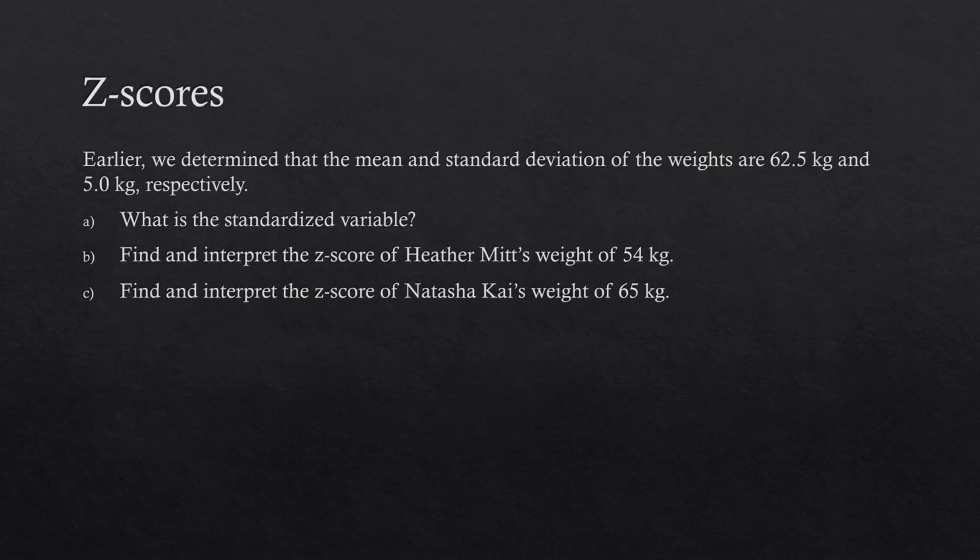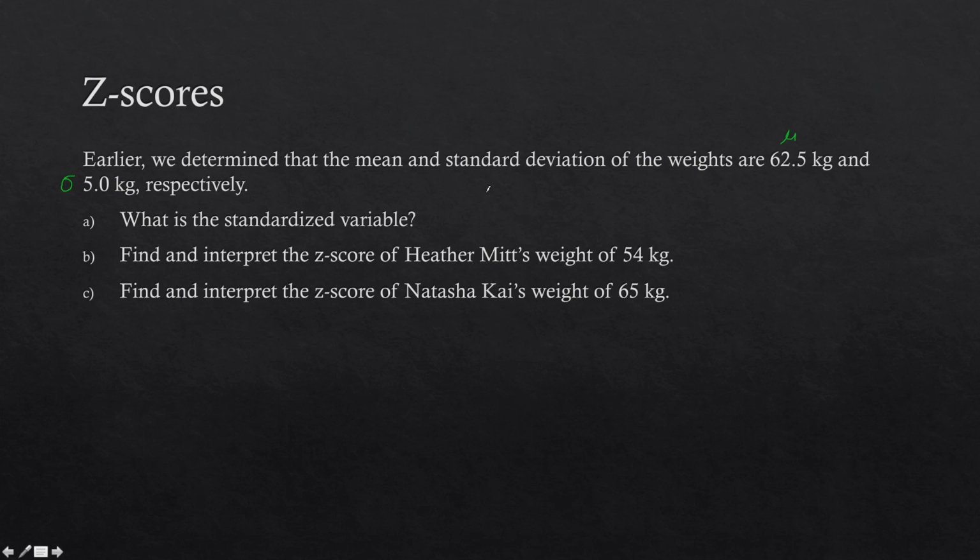Earlier, we determined that the mean and standard deviation of the weights of the soccer players are 62.5 and 5 respectively. So this was the population mean, and this was our standard deviation.